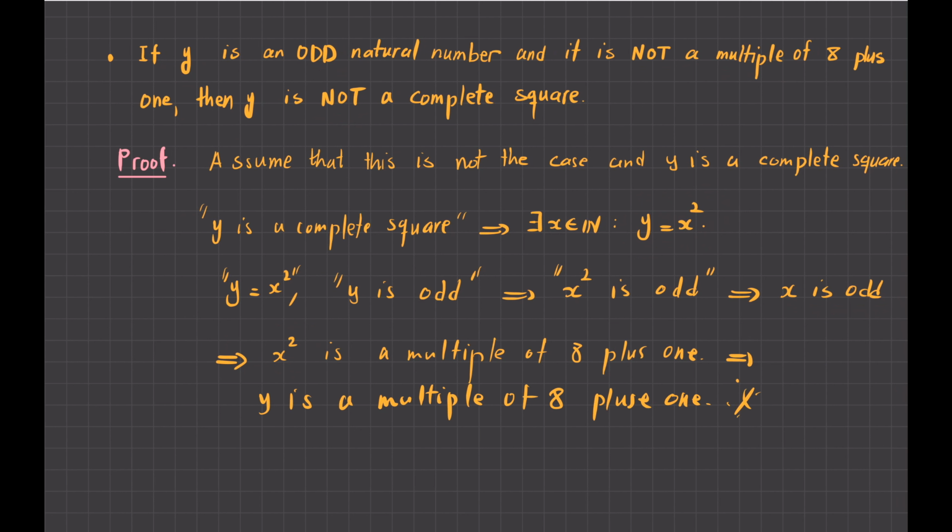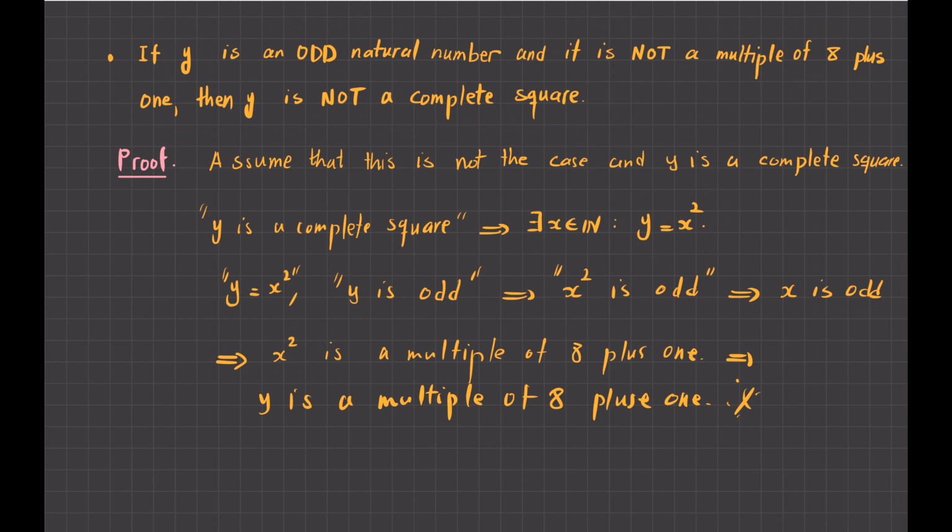Why? Because we have assumed that y is not a multiple of 8 plus 1. So then we have proved that. Remember, this is what we finally want to use to prove the problem. If I have an odd number that is not a multiple of 8 plus 1, then definitely that cannot be a complete square.